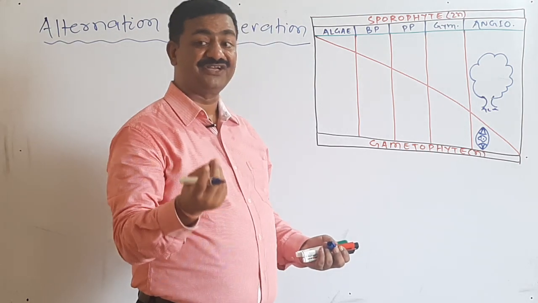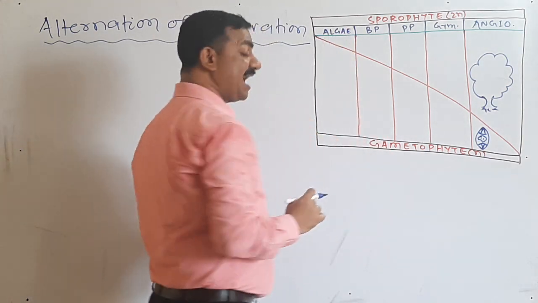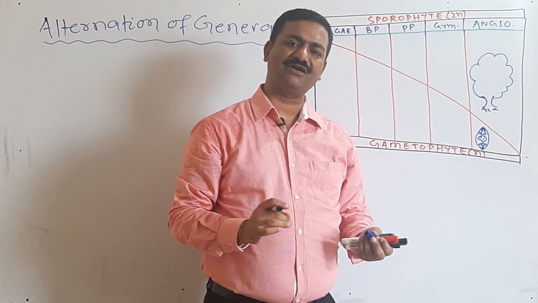A 7-celled, 8-nucleated structure. Now, when you are talking about the algae, what will you find? Just the opposite of the angiosperm.